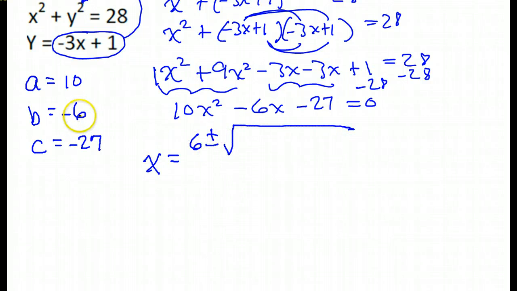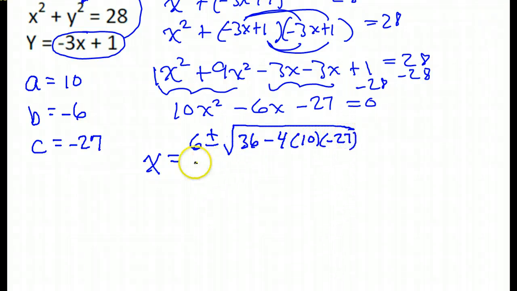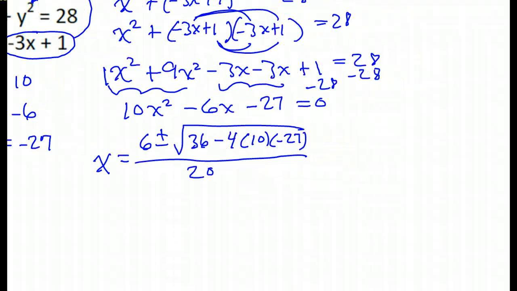Then it's b squared minus 4ac. So b squared, so it's 36, minus 4 times a times c. Alright, all over 2a. Well, 2 times a is 20. Alright, then I like to put the part under the radical in my calculator.